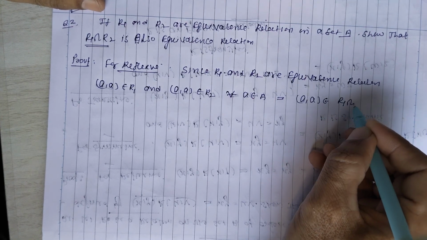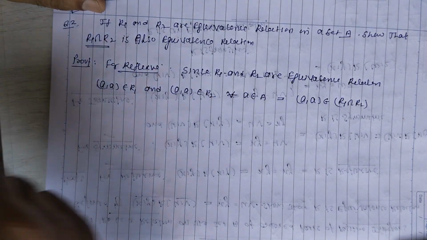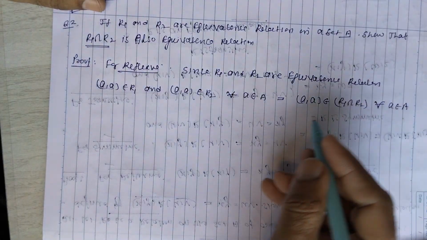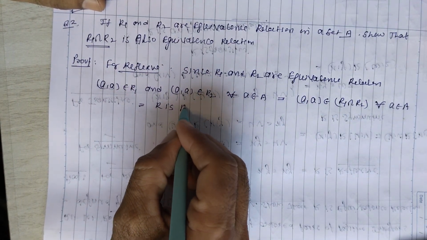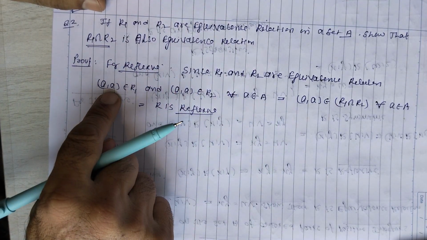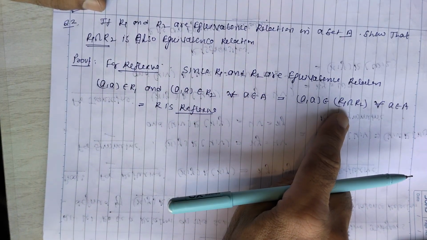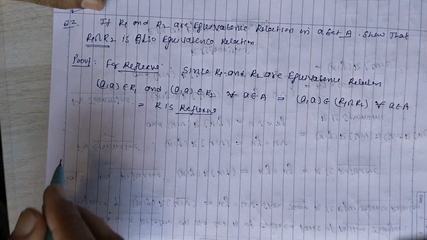Therefore, (a, a) belongs to R1 intersection R2 for all a belongs to A, which implies that R is reflexive. Clear?